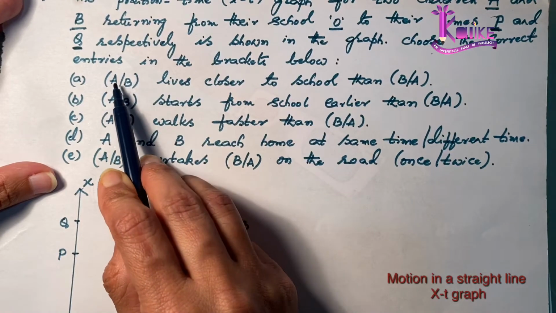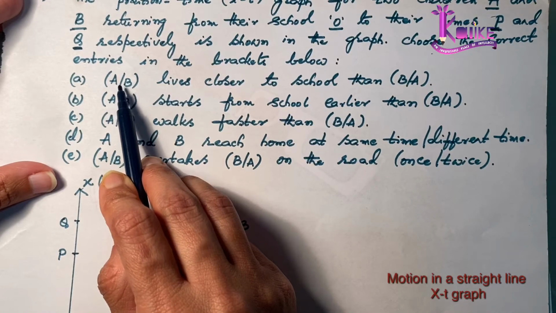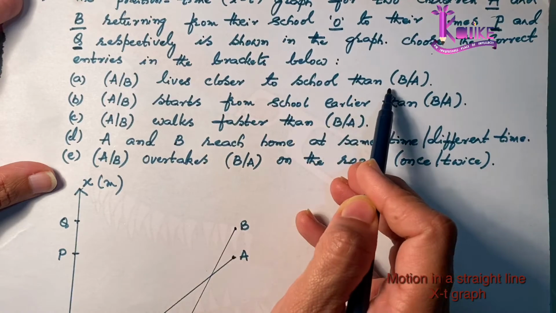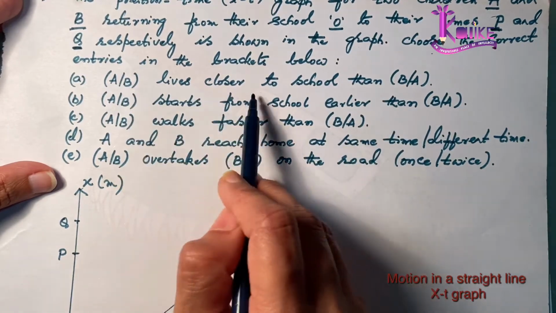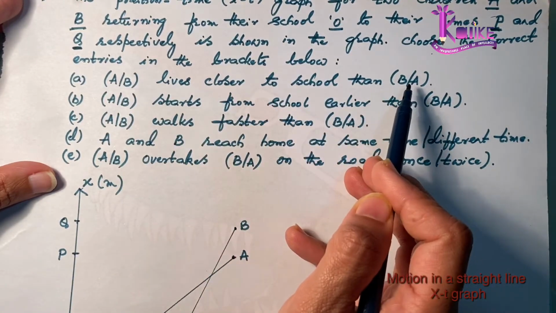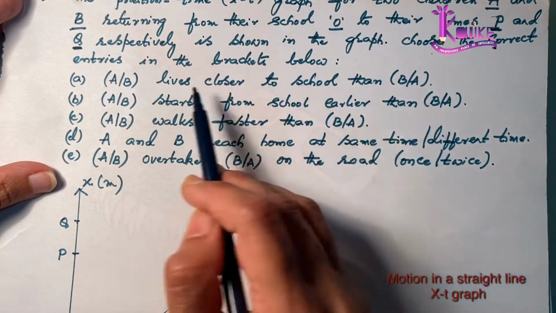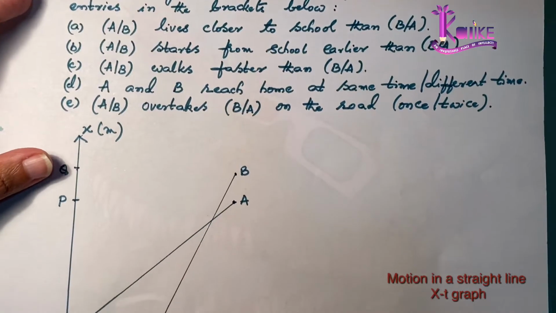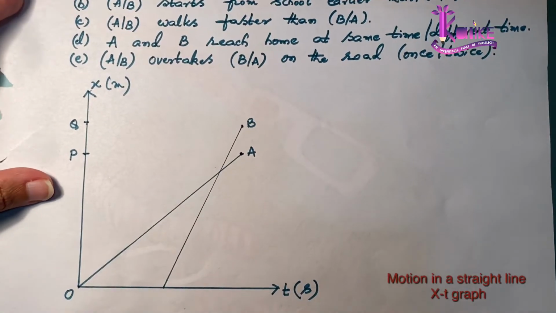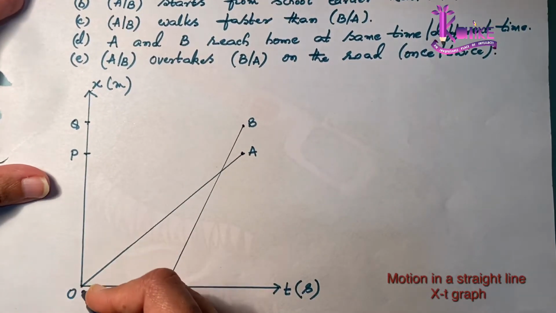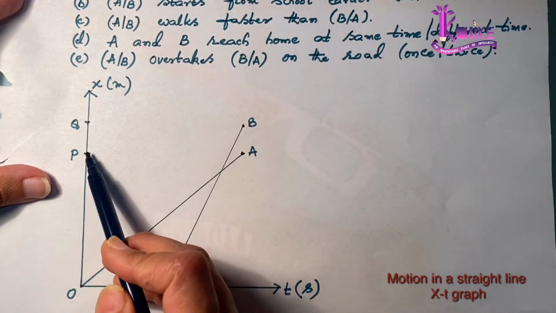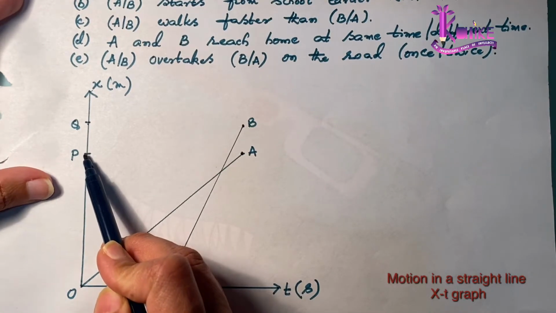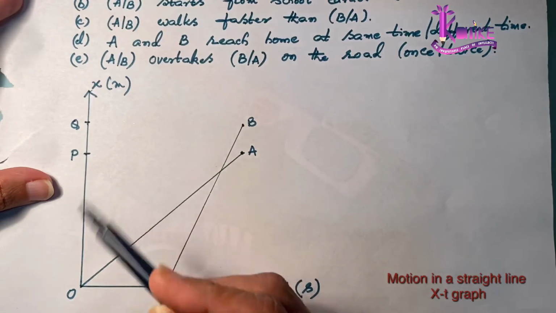In other words, it can be read as A lives closer to school than B, or B lives closer to school than A. So, in simple terms, you have to just find out who lives closer to school, and this is very easy to find out since we know the position of the school and we know where A lives and where B lives.